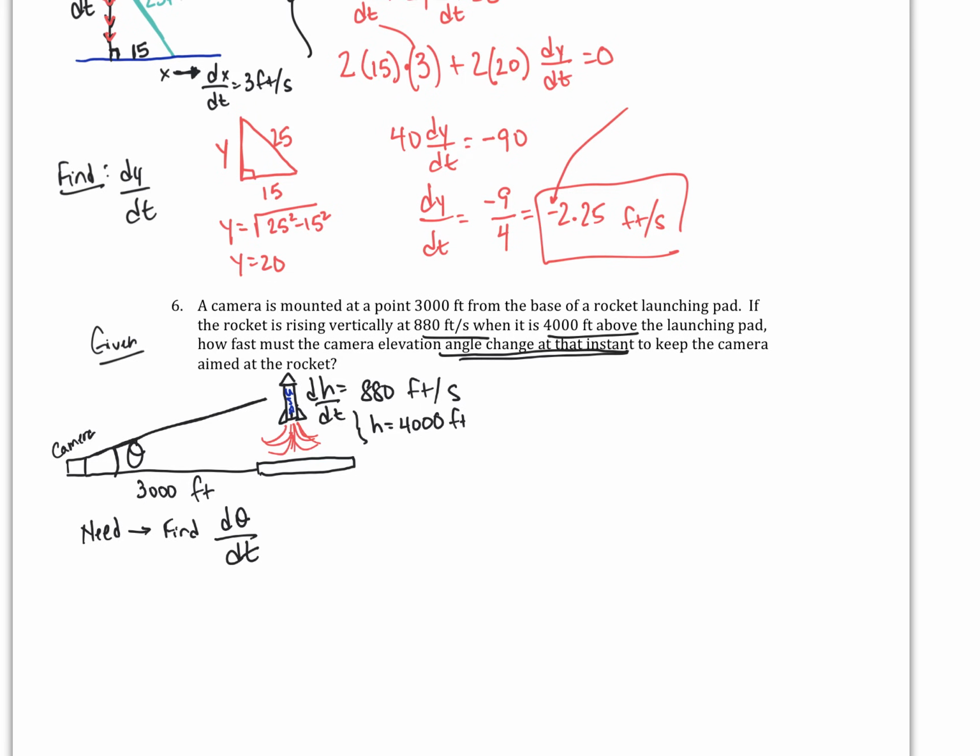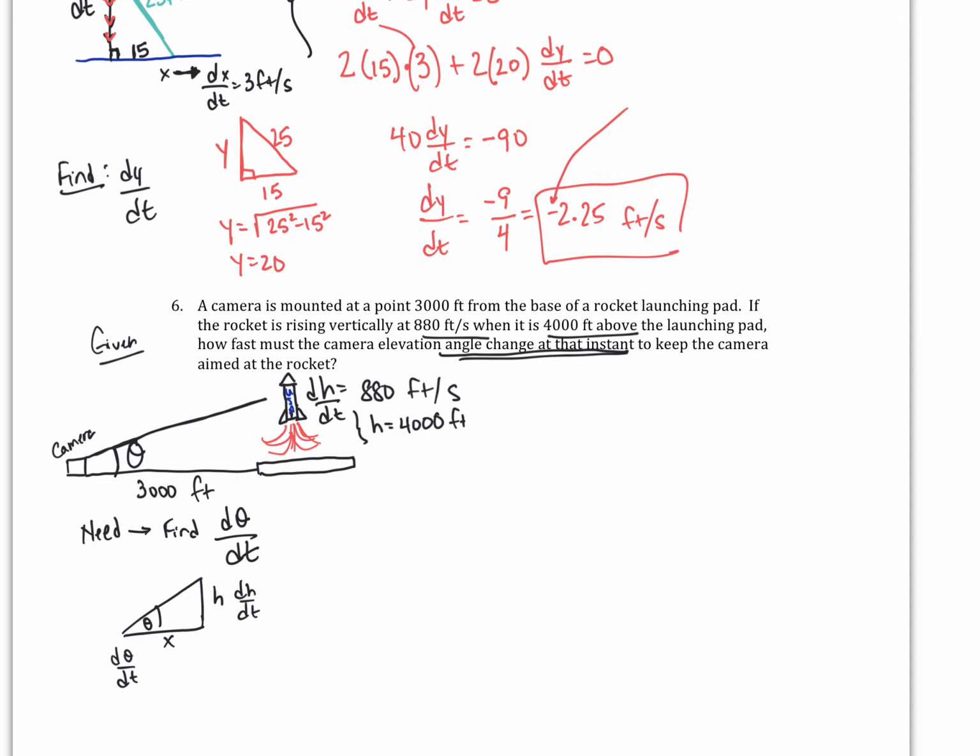Well, let's take a look. I got the triangle. I got a height right here, and a dh/dt. I got an x right here. The x is not changing. There is no dx/dt, but this angle is changing for a d theta/dt. And check this out. What relates the opposite and the adjacent?